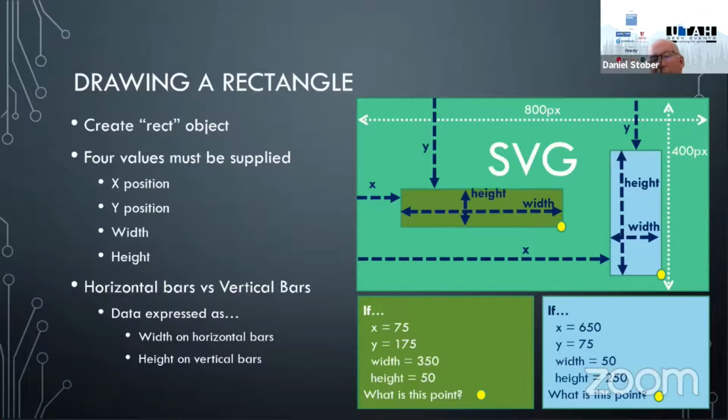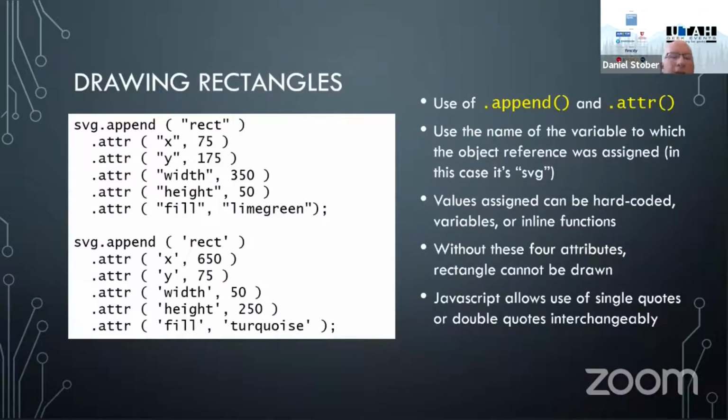If on the other hand, I have a bar chart where the bars are vertical, now I have to map the data instead to the height, because that's the side of the rectangle that I would like to change as the data values change. So this is how we go about drawing rectangles.